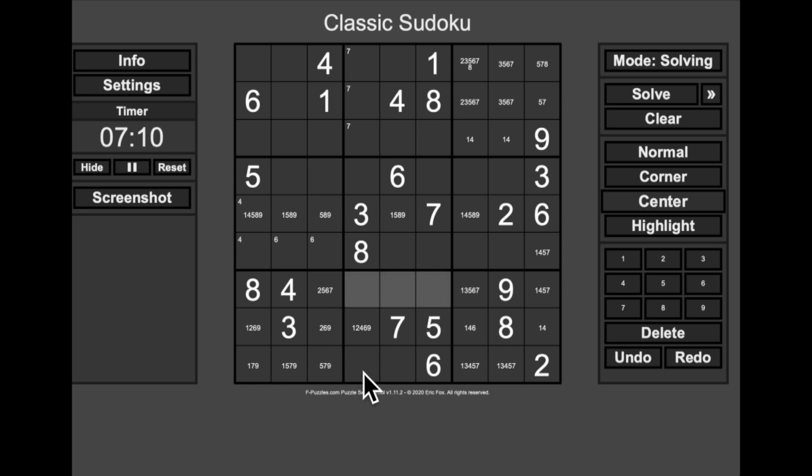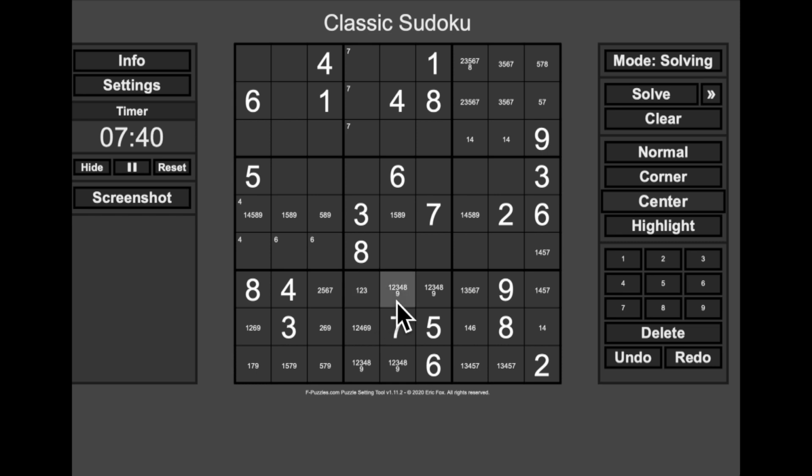Okay. These cells here can be 1, 2, 3, 4, 8, or 9. Now, these cannot be 4, 8, or 9. They all intersect into here. Oops. No. This one cannot be 4, 8, or 9.